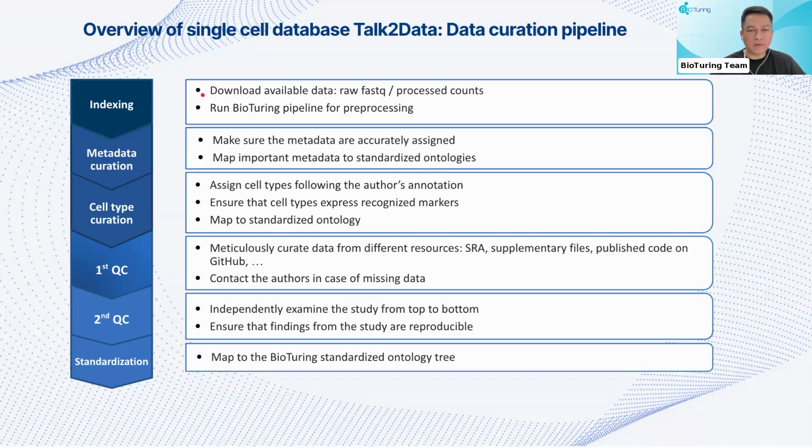After we get the data from the published database, if they have the raw data, we start from the raw data and run the same pipeline for processing, metadata curation, cell type prediction, and QC, to make sure that every step is unified across different datasets to allow better comparison.